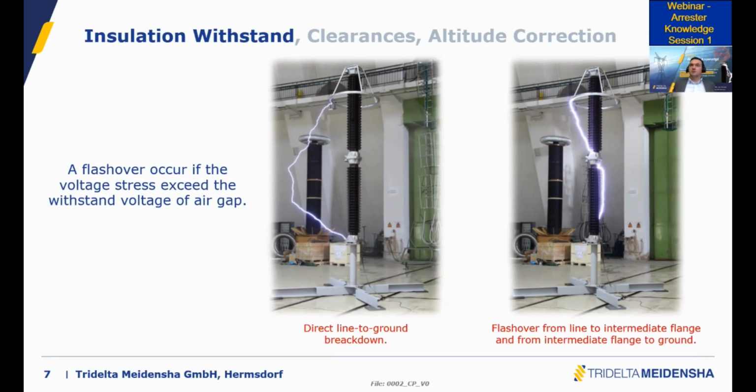Typically you do a switching impulse withstand test and a power frequency withstand test in wet condition. So depending on the salinity of the water or things like this, you might have a different behavior than in the test lab, but no significant impact.